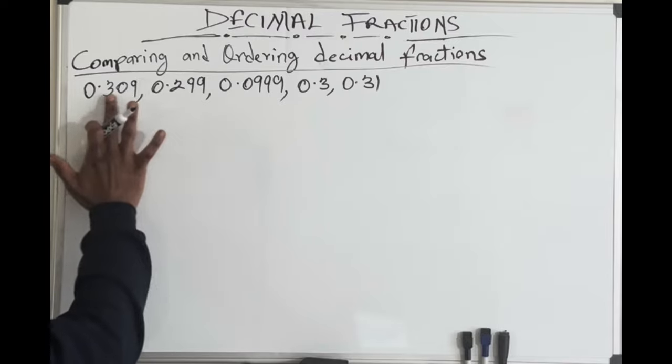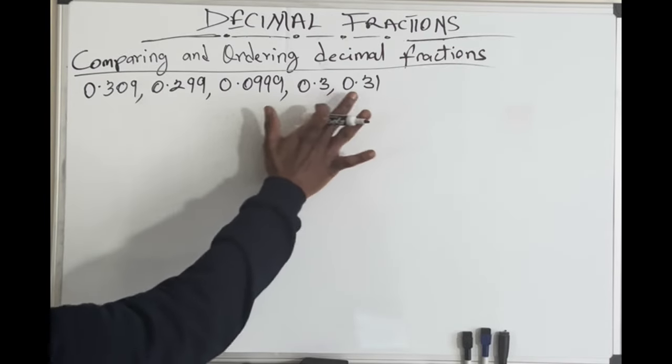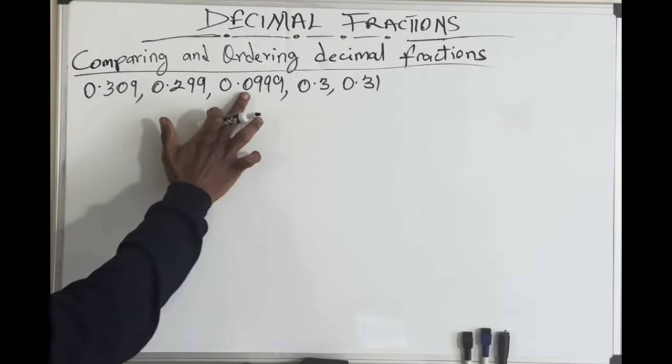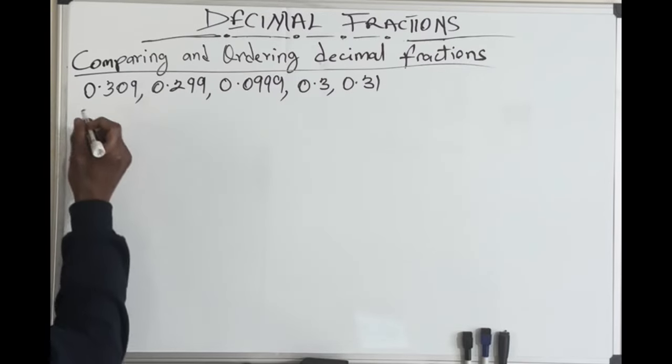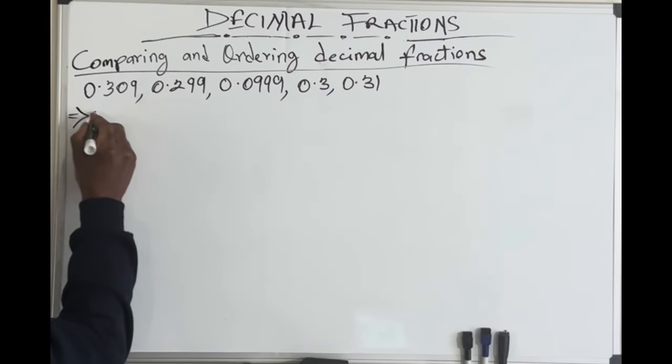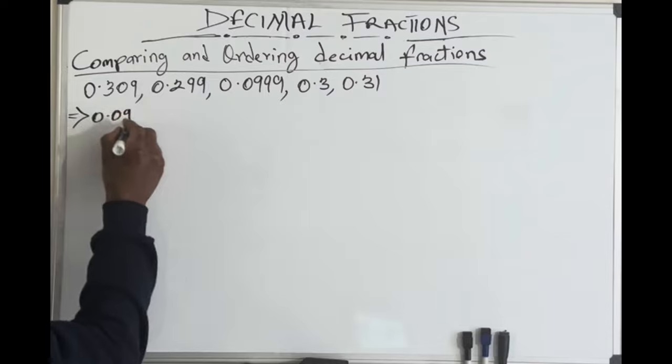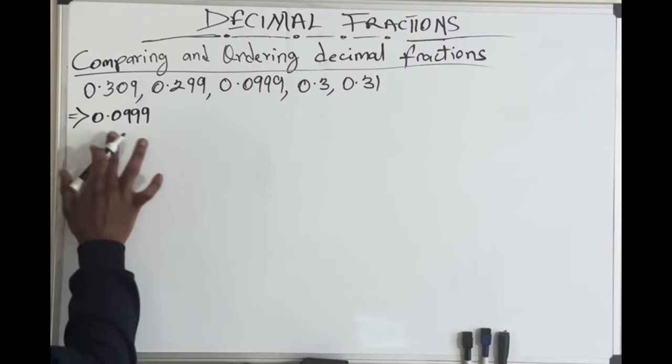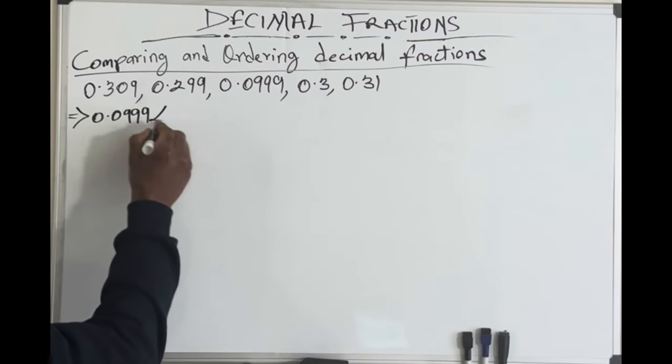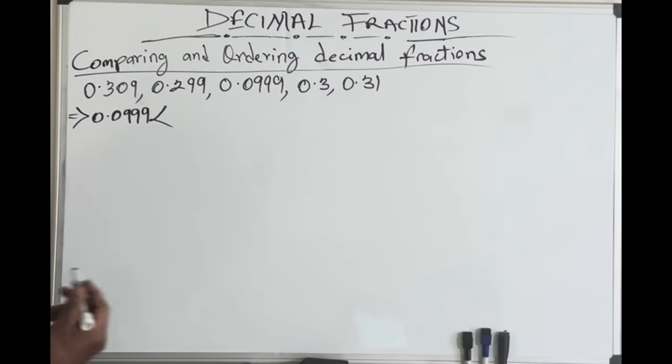So among all these tenths, which is the smallest? Definitely 0, right? So 0.099 will be the least, and then it's less than. Let's move on.